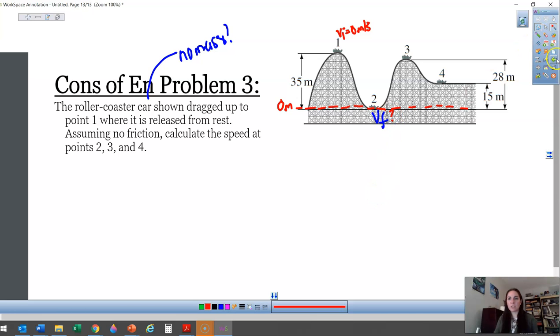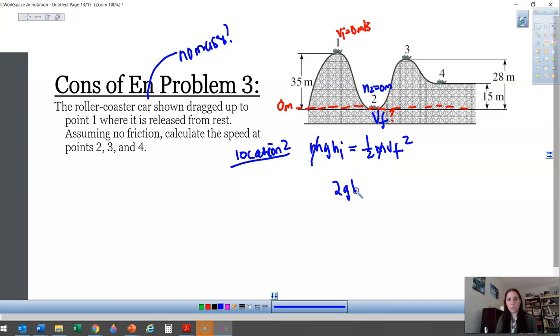So this is the same question as before. If we call this the 0 point, then height 2, in fact, is 0 right here. So we could say all of the potential energy goes into the kinetic energy. This is for location 2. Masses cancel.